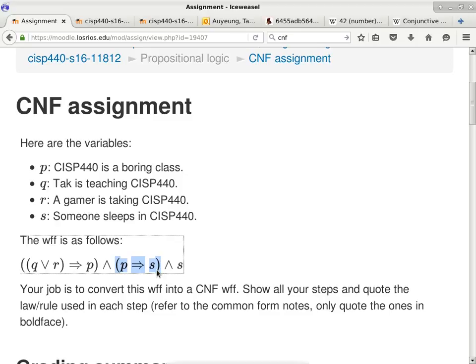So it feels like this homework assignment will be just about removing the implication sign and turning it into another form. Well, the other one's not quite that easy, because the negation applies to Q or R, right? So you have to play with certain things, and it might end up with distributing stuff and whatnot.